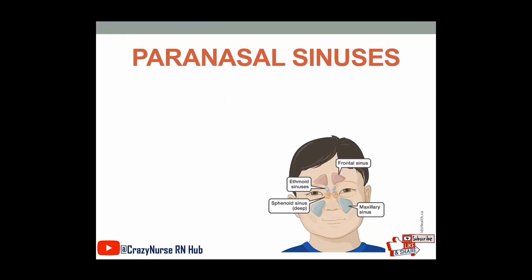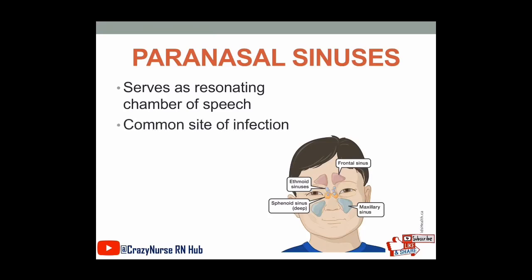For your paranasal sinuses, they serve as resonating chamber of speech, and they are a common site of infection because these air spaces are connected by a series of ducts that drain into the nasal cavity. That is why they are prone to develop infection.